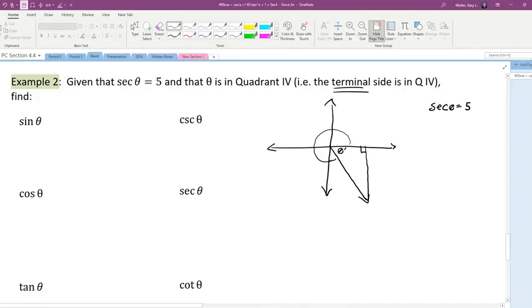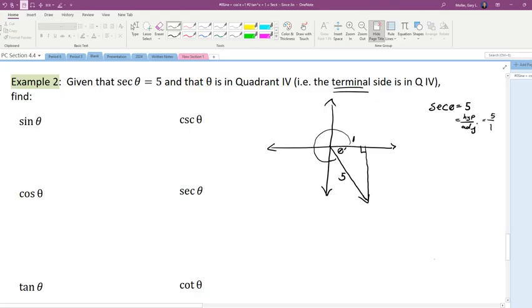So if secant is 5, secant is hypotenuse over adjacent. And if the hypotenuse over adjacent is 5, then we could say the hypotenuse is 5 and the adjacent is 1. So this would be 5 and this would be 1.